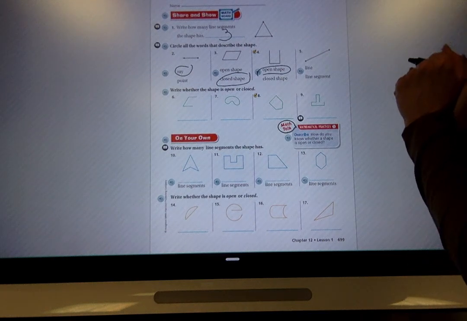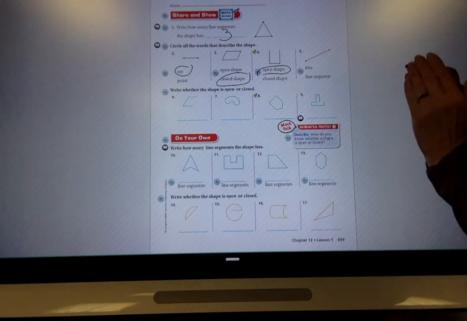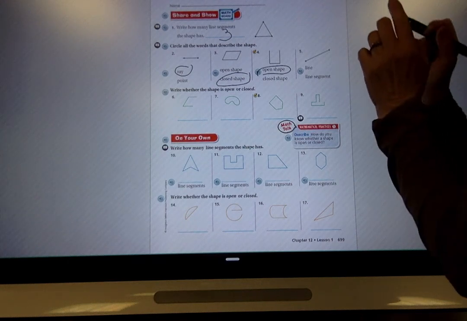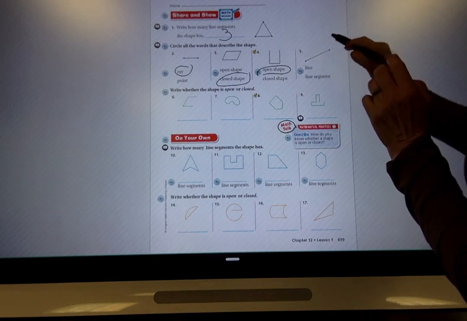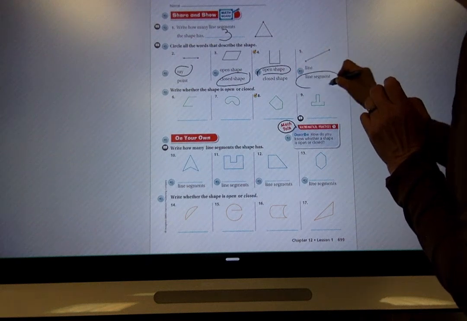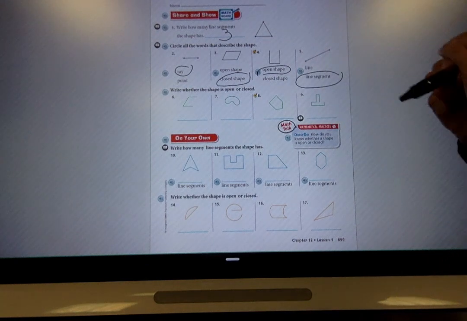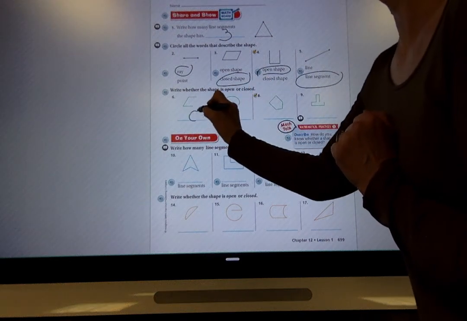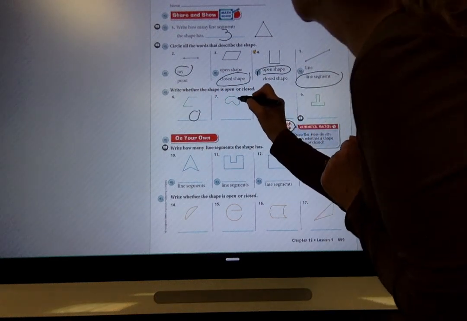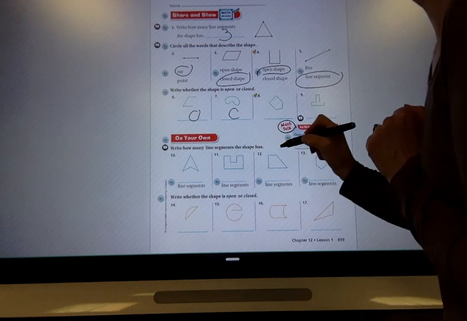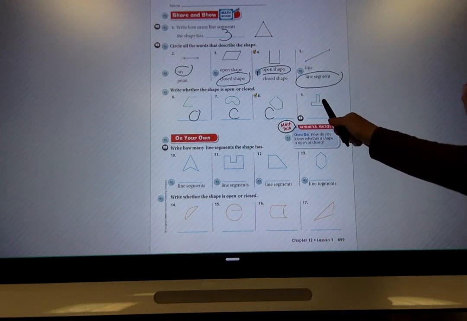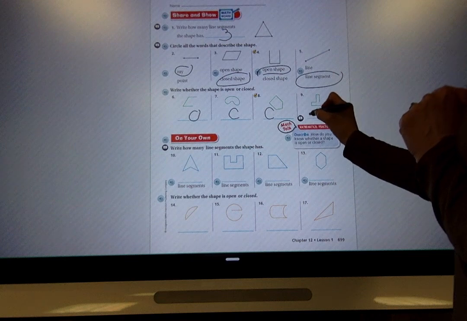But a line segment is just a part, a piece of that line. And it has endpoints. It has an ending and another ending. So this is a line segment. Now, is it opened or closed? Well, that looks open to me. That's closed. That's closed. Ooh, they forgot to close that one, so that one's open.